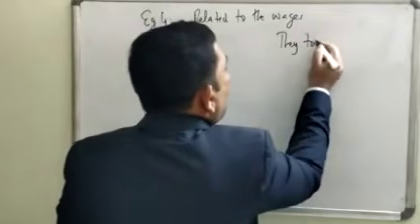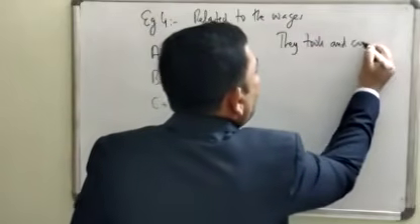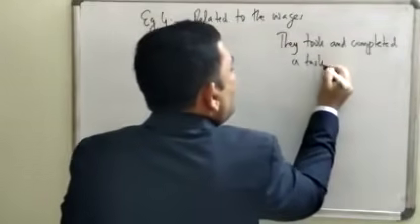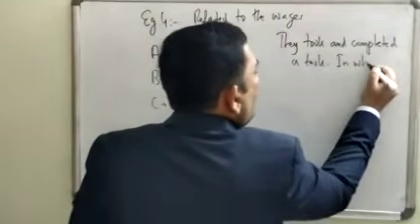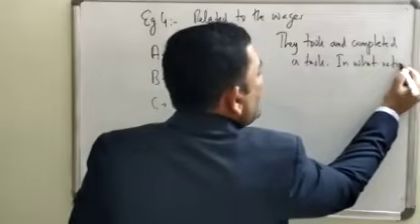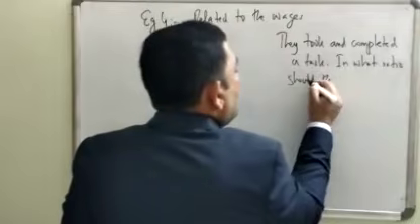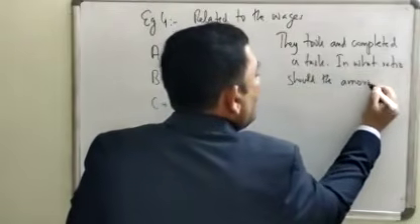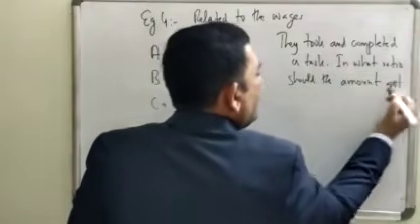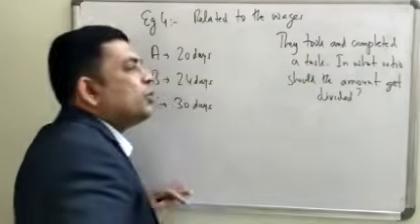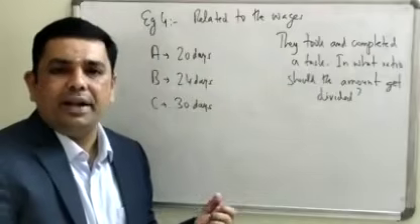They took and completed a task. In what ratio should the amount get divided?